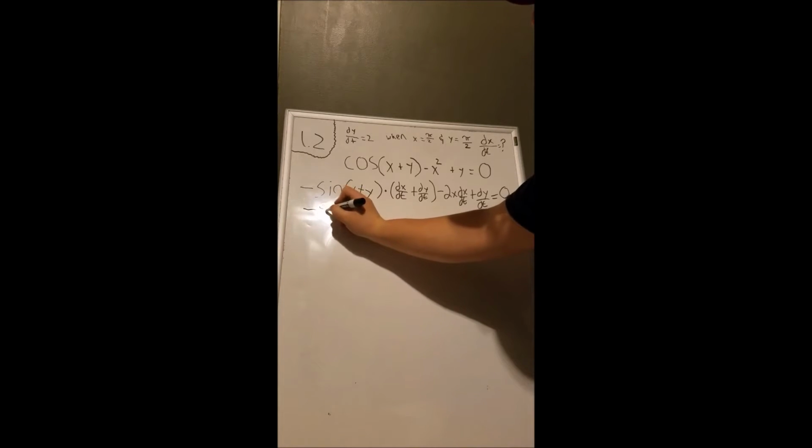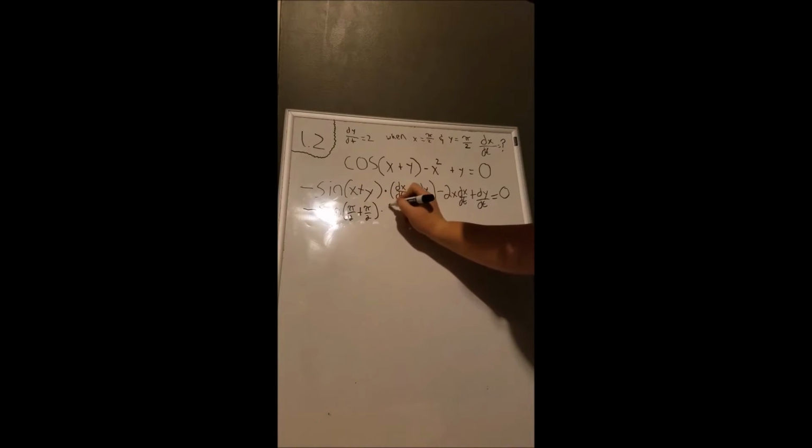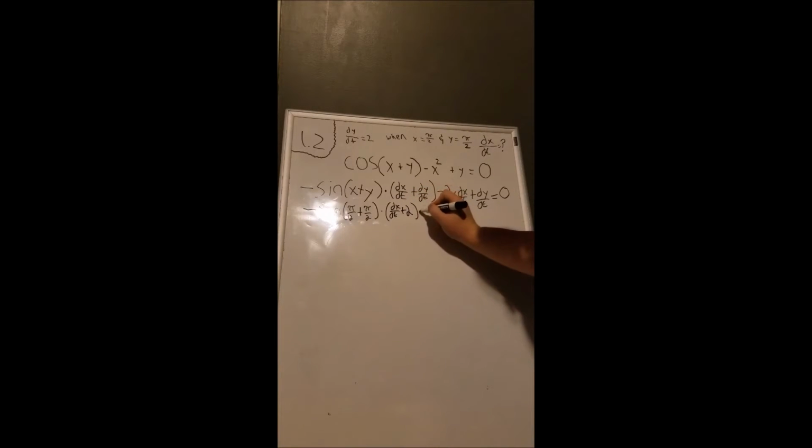Our next step is to substitute in all known variables. So we'll have negative sine of (pi over 2 plus pi over 2) times (dx dt plus 2), minus 2 times pi over 2 times dx dt, plus 2, is equal to 0.